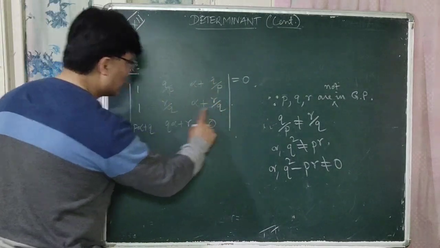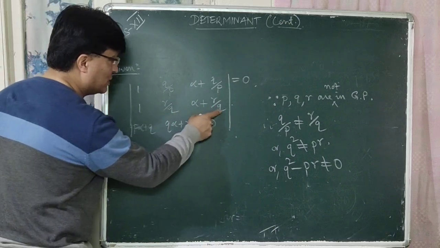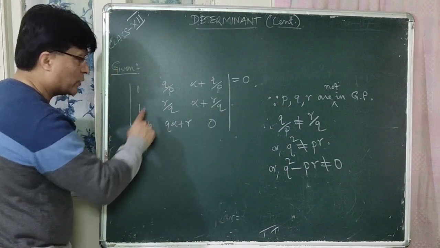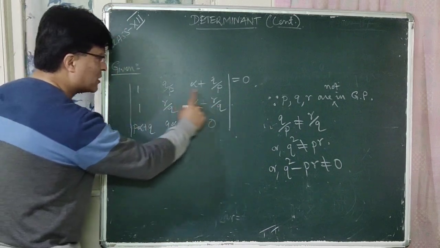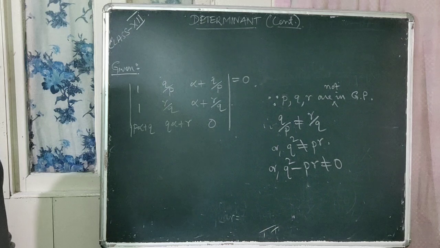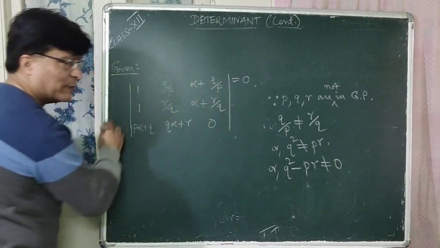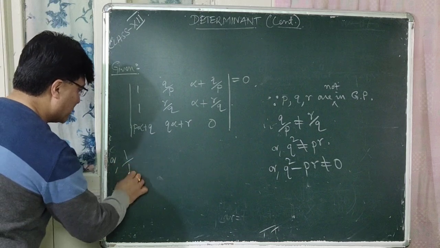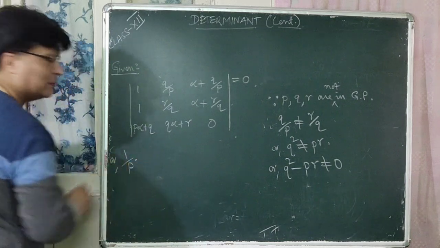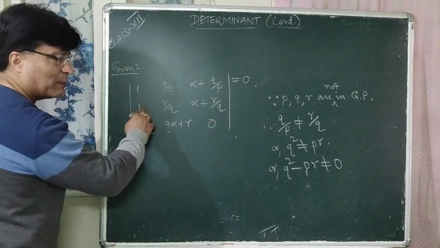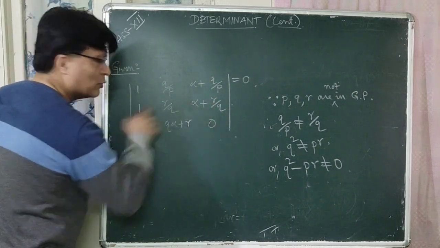So in the second row also you have to eliminate this fraction. In the fraction there is Q in the denominator, you have to eliminate this Q. So you have to multiply each and every term of the second row by Q. So we are multiplying the first row by P, it should be cancelled, so write down 1 by P. And this second row is also multiplied by Q to eliminate this Q, isn't it?